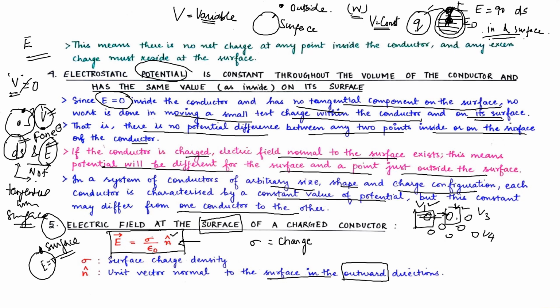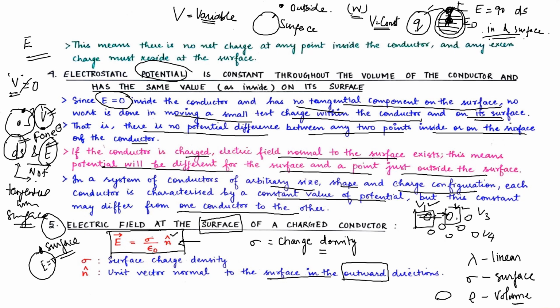We have read three charge densities. Do you remember? I will define them for you: linear charge density, surface charge density, and volume charge density.